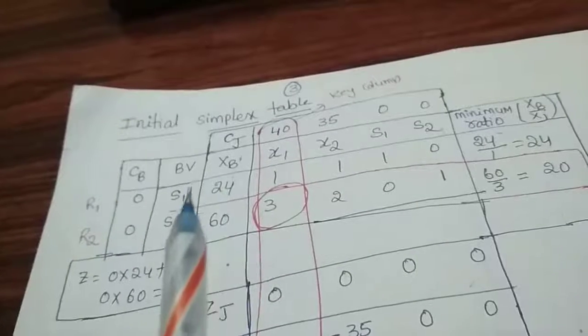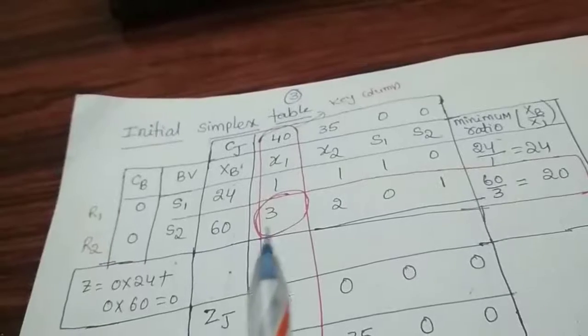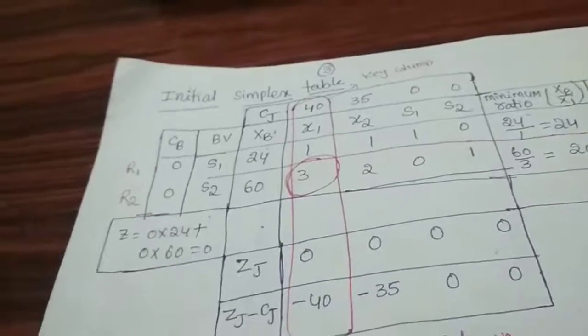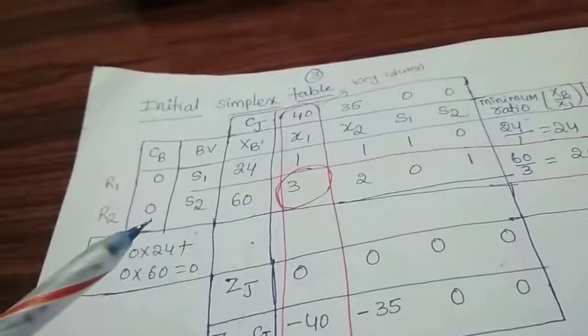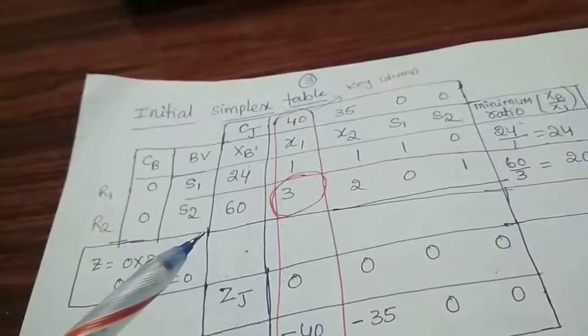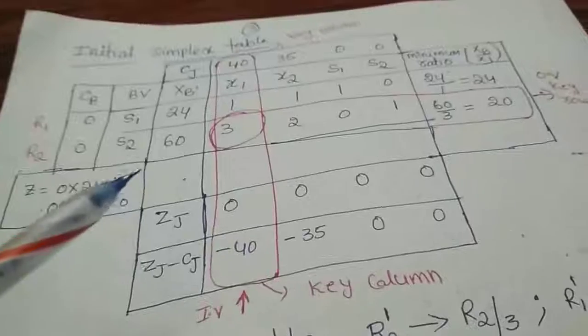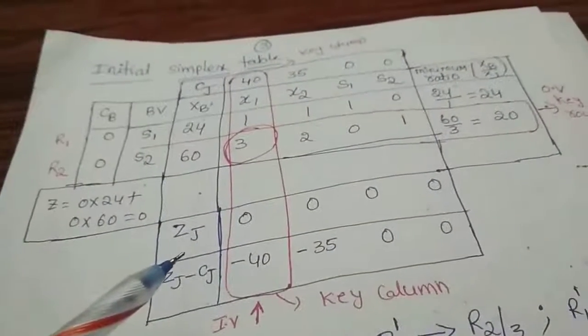Now XB is the right hand side values, 24 and 60. Now how do we calculate the Z value? Using the formula Z equal to summation CB into XB, that equals 0 into 24 plus 0 into 60, which equals 0. Now coming to Zj.